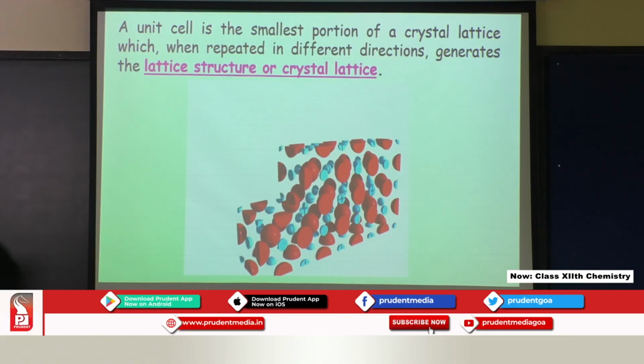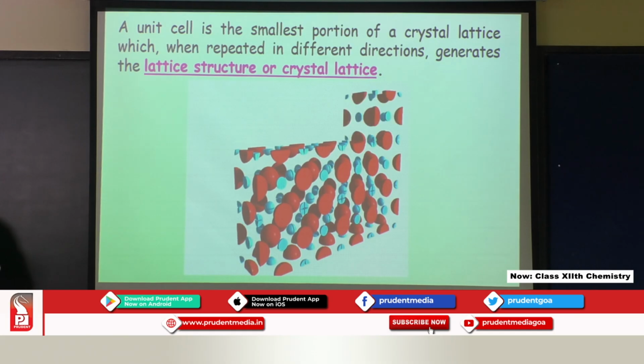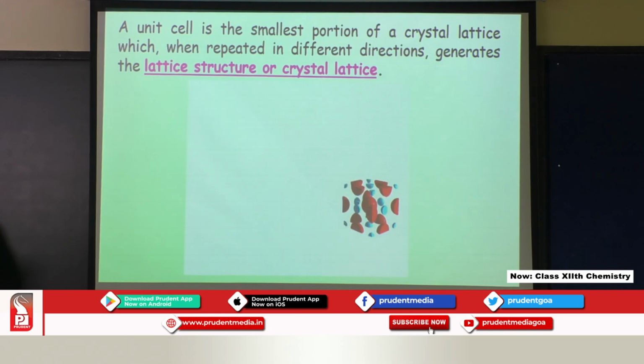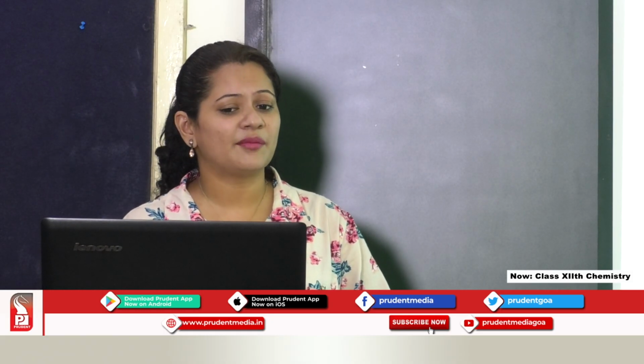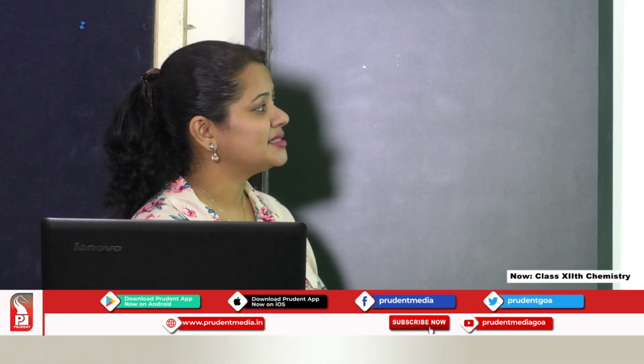Hence, if you look at the animation, you will realize how a unit cell, which is a basic building block, repeats itself along different directions to generate a 3D crystal lattice. A crystal lattice is thus a regular three-dimensional arrangement of points in space.